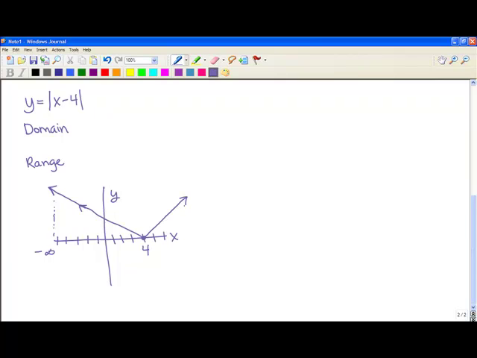Since the function keeps going to the right, it's going to be all the values where the function is. The function keeps going to the right side, so it's going over to positive infinity eventually. So the domain for this function would be all real numbers, or negative infinity to infinity. Keep in mind that we need to include all the values on the left to the right. Notice that there are points all along the function for every single x value.